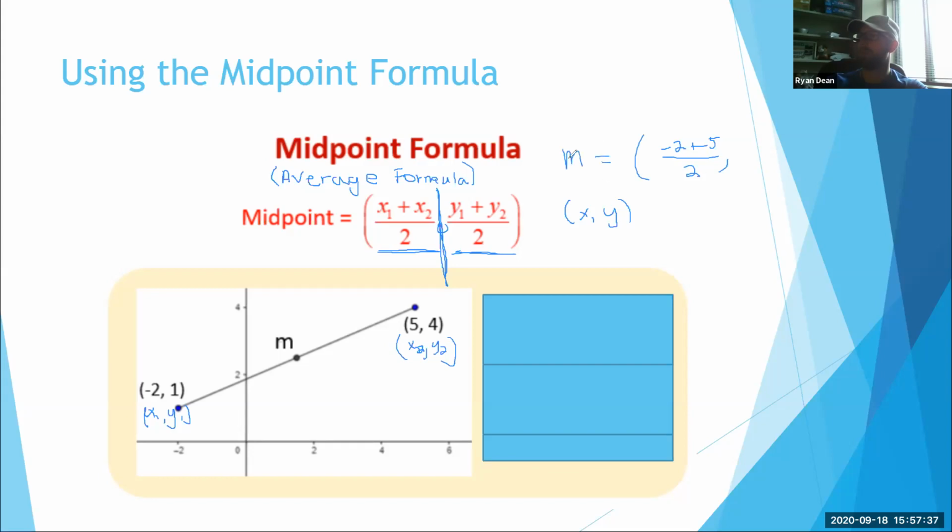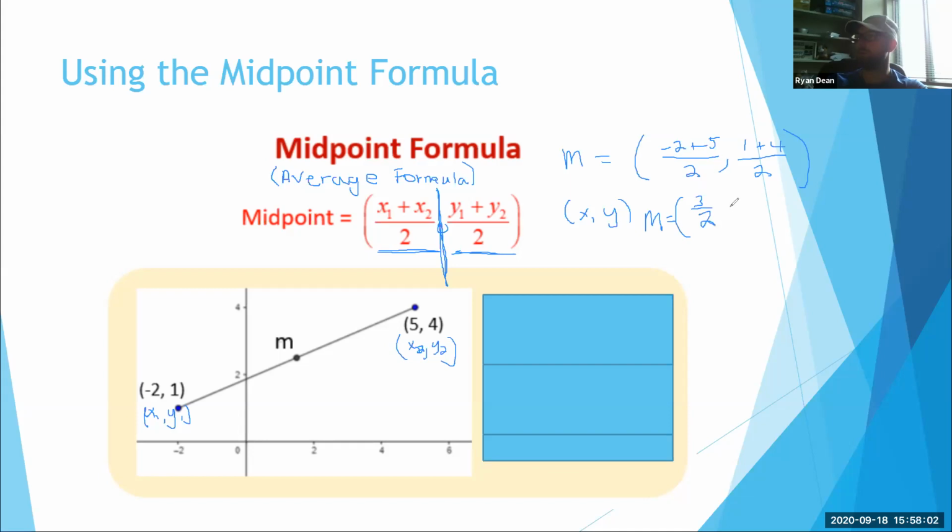I'm going to use this big M for midpoint. And for the Y values, I have a positive 1 for Y1. I'm going to add 4 for Y2. And that's all divided by 2. So big M is equal to 3 over 2.